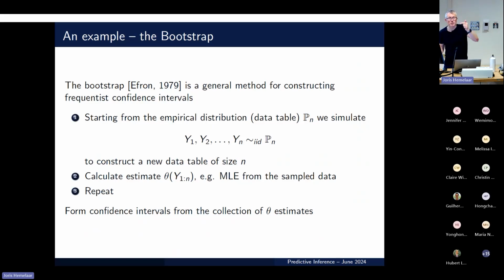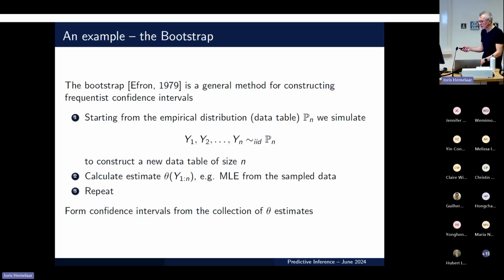Then I pick another one from the 1 to n and put it in, and so on. I generate myself a new data table of size n by picking with replacement. So pick one out, copy it, go and pick another, but I always keep the original. Then I calculate my estimate, say a maximum likelihood, and then I repeat. And if I do that, I get bootstrap confidence intervals.